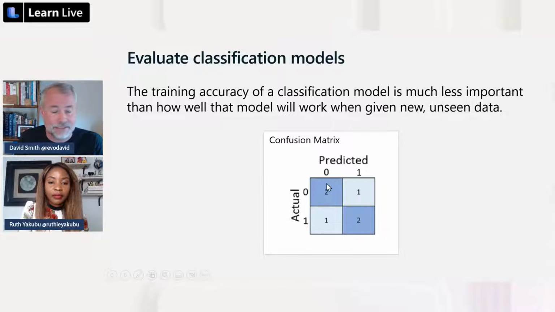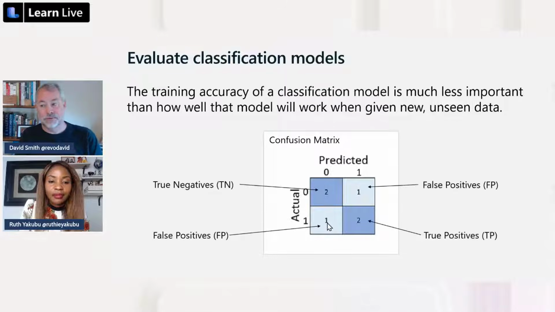We might either predict that they are not diabetic, so that's a true negative. We might also predict that they are positive, and that would be a false positive because we know in that case it was negative. Similarly, down here in this bottom right-hand corner, for the patients that we knew were diabetic, if our model predicted they were diabetic, that is a true positive. Whereas if it predicted they were negative, that is a false negative, or false positive rather.